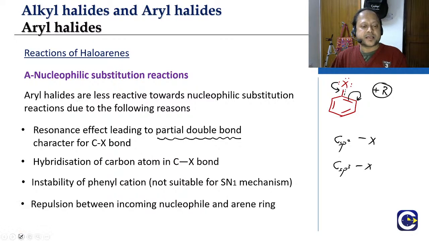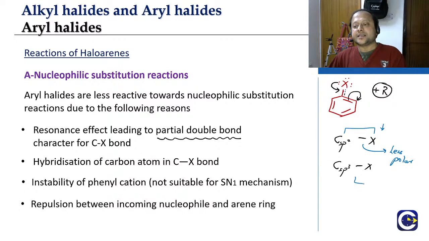Here the difference of electronegativity is smaller, so this bond is less polar, and here the electronegativity difference is large, and hence this bond is more polar. So the aliphatic carbon halogen bond is more polar than the aromatic carbon halogen bond.